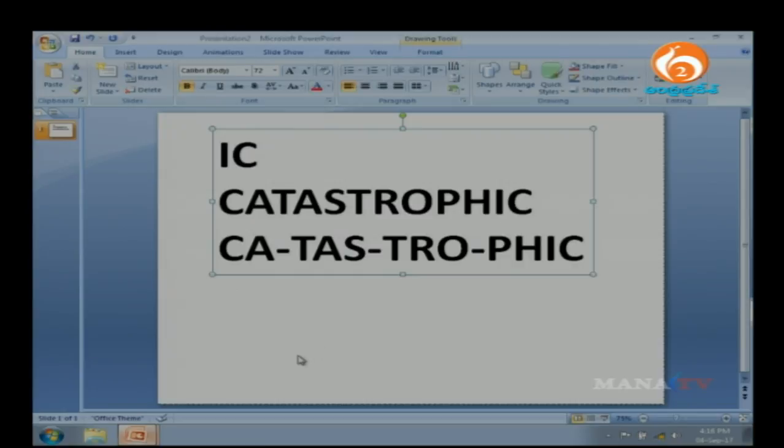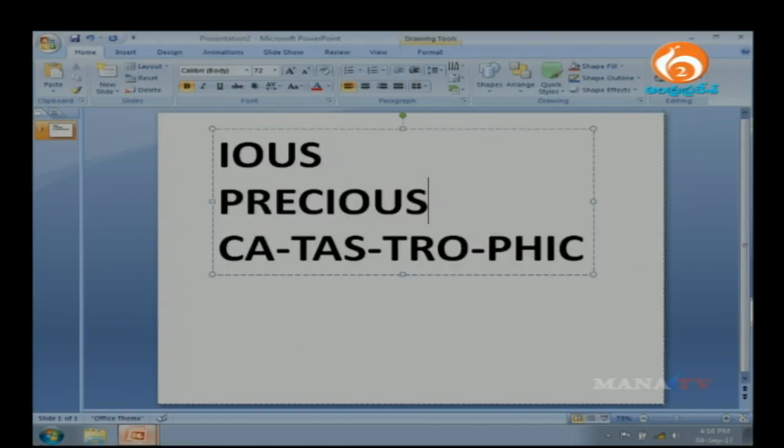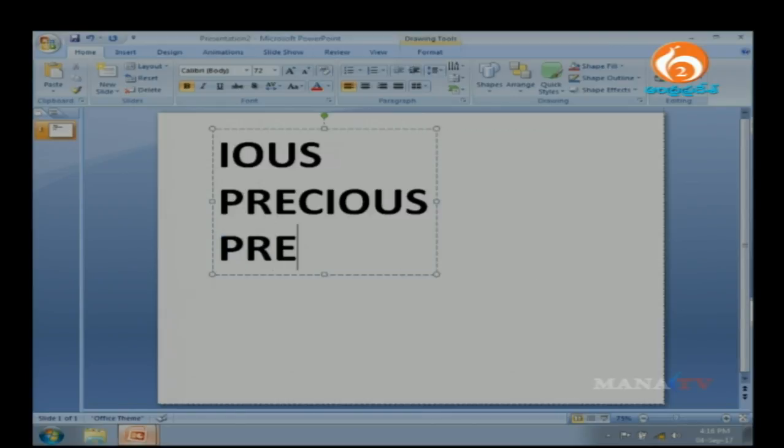If I have a word which has IOUS, for example, precious. How many syllables do I have? Precious. Since I am supposed to focus on the second last syllable, my stress will be on PRE, precious.